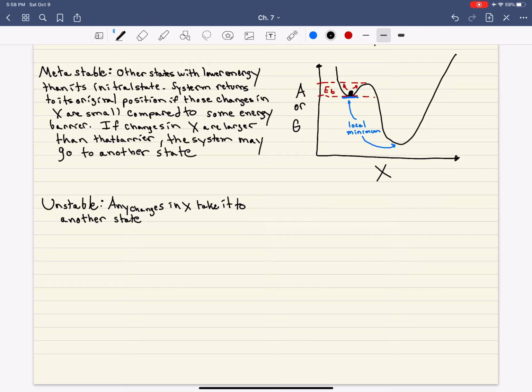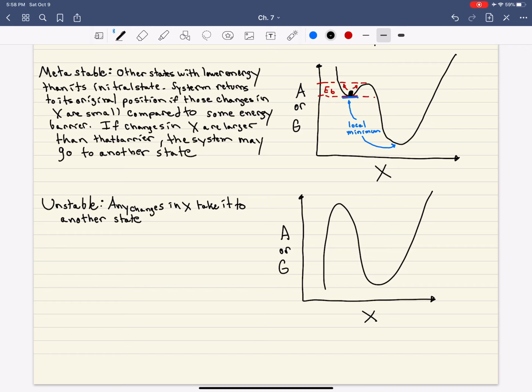And so an unstable system, its energy diagram would look like this, where imagine you have a hill like that, and then initially your system starts on top of this hill, right? And so any movement, if you increase x or you decrease x, is just going to knock it off the top of the hill into a completely different state instead, right? So that's what we mean by unstable.